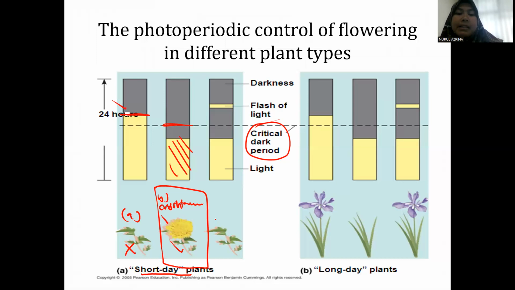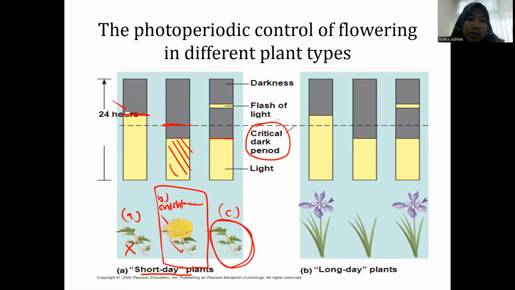But what happened here? Experiment C. The plant is exposed to the same length as B, but why is the plant not flowering? Okay, so this is a short day plant. A short day plant requires a longer continuous dark period.